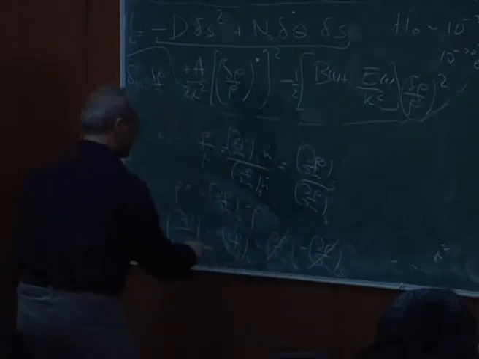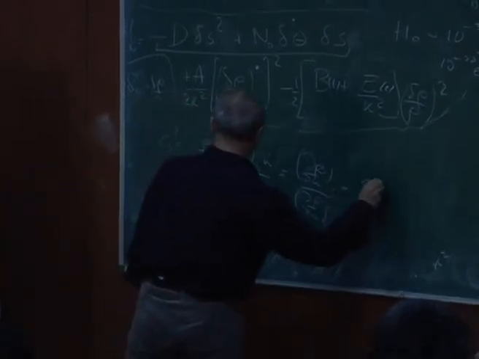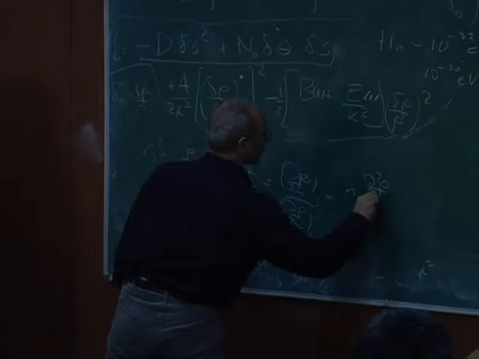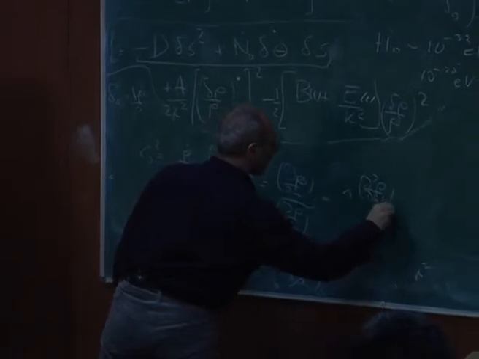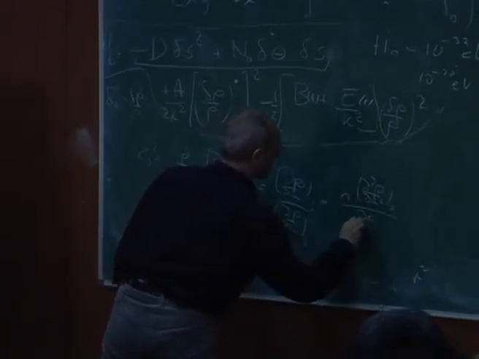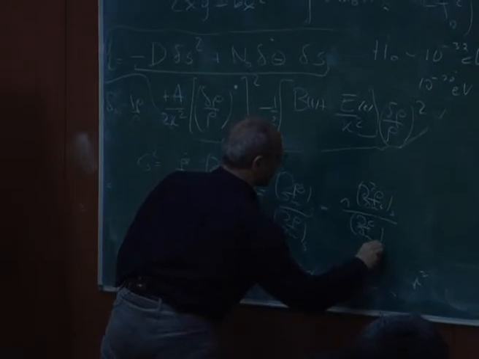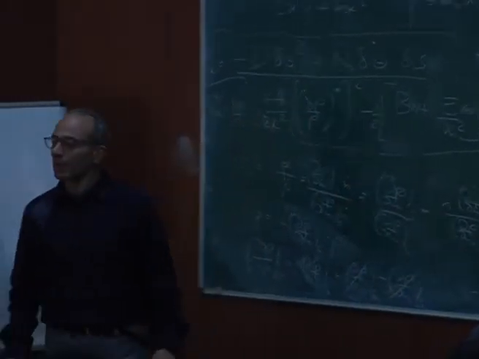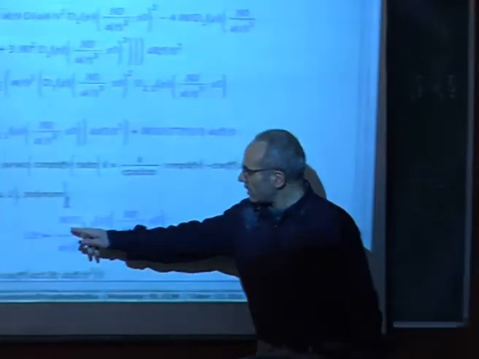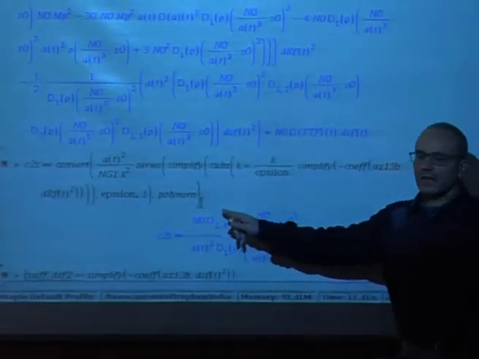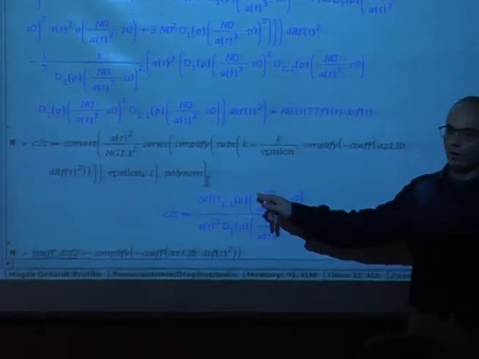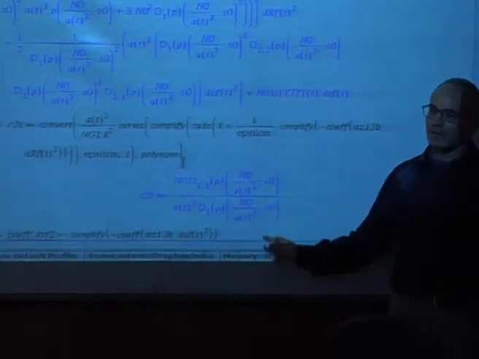These two simplify, and finally we get n d squared rho over dn squared at constant s divided by d rho over dn at constant s. And this is exactly what's written here. You see that this is n, the second partial derivative of rho with respect to n, divided by d rho over dn.